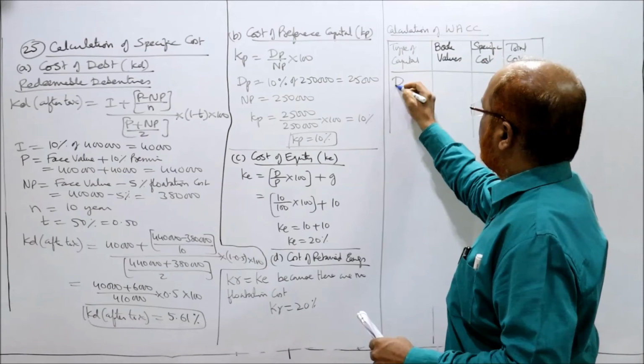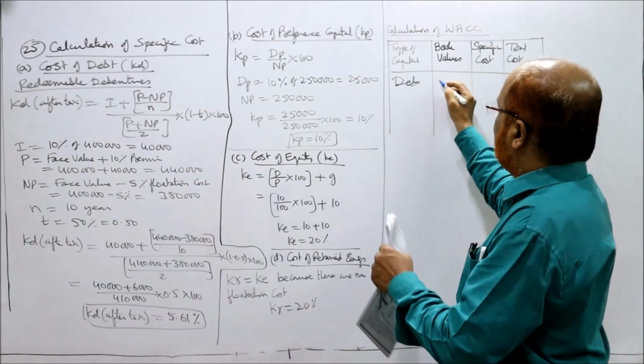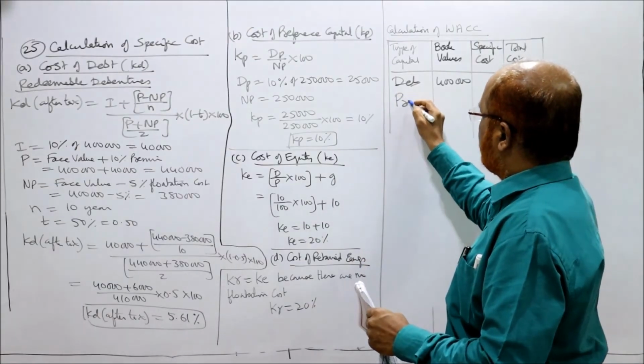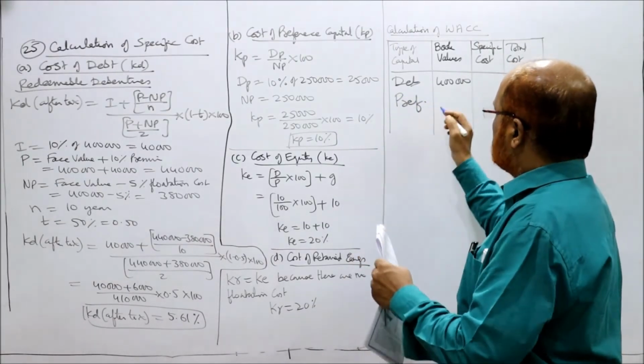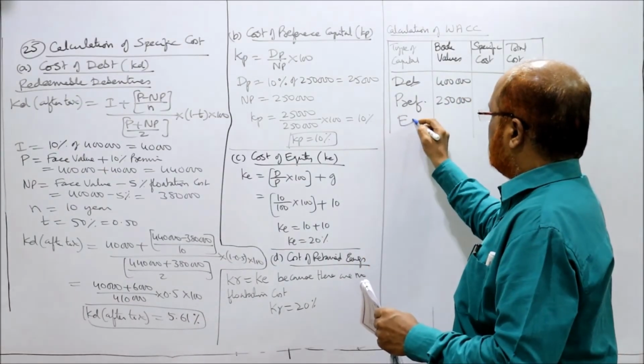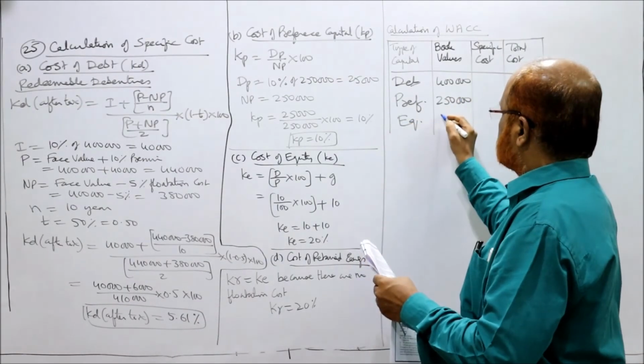Debentures: 4 lakh. Secondly, preference: 2,50,000. Next we have equity: 6 lakh.